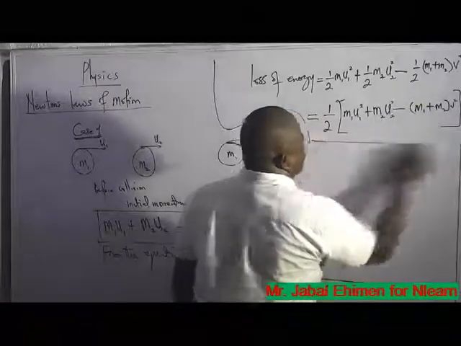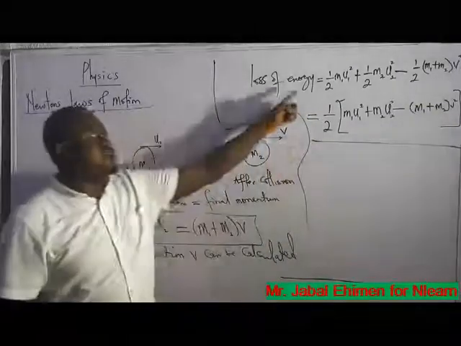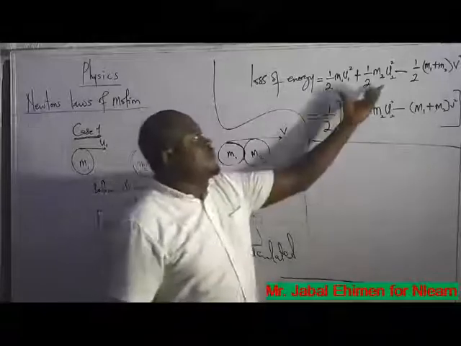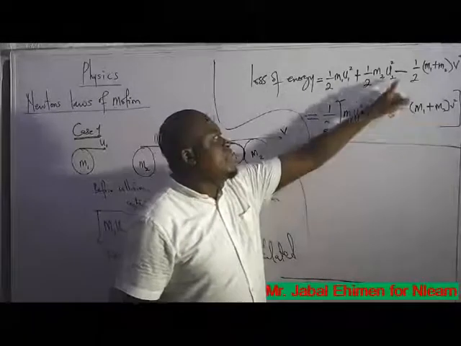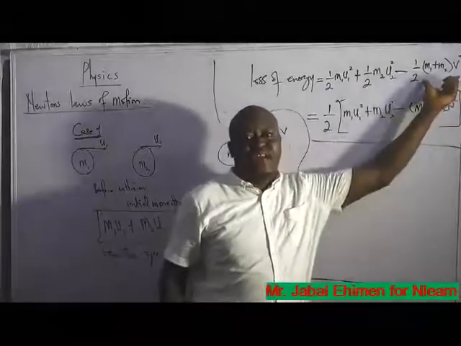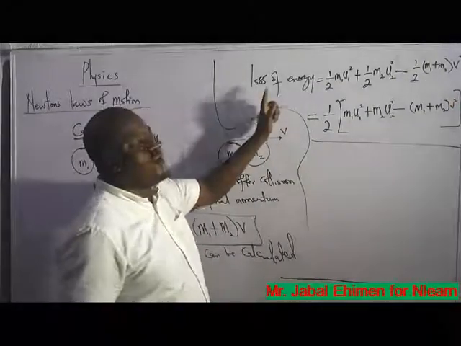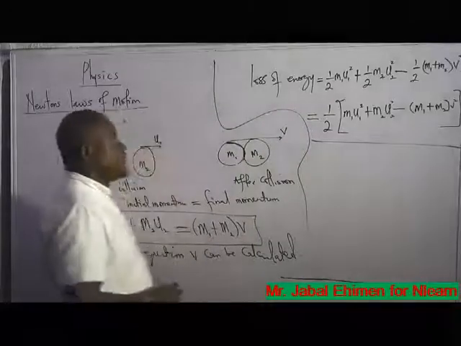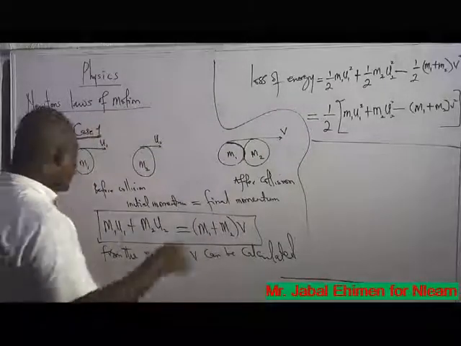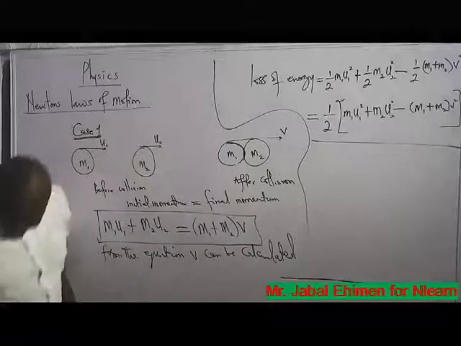So that is the value of the loss of energy. Sum of initial energy minus sum of final energy will give you the loss of energy or energy change. Now, that is for case 1. Let's consider another case.